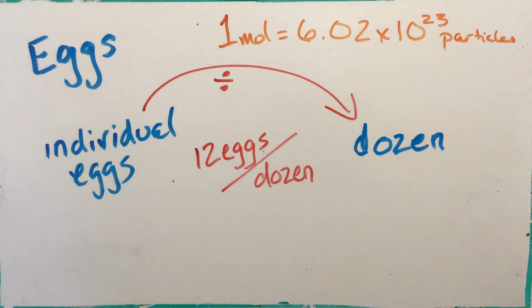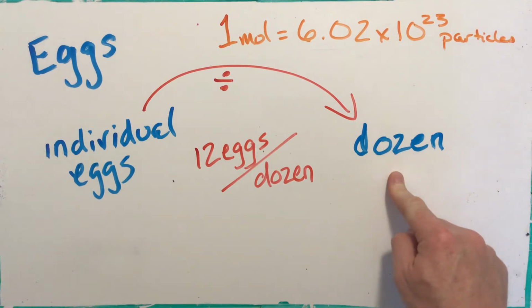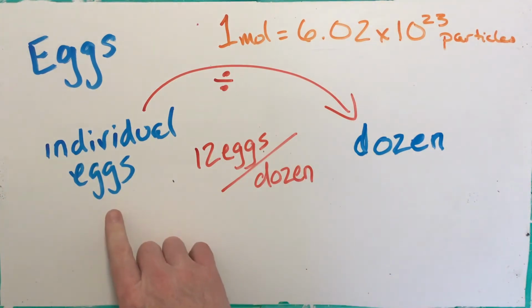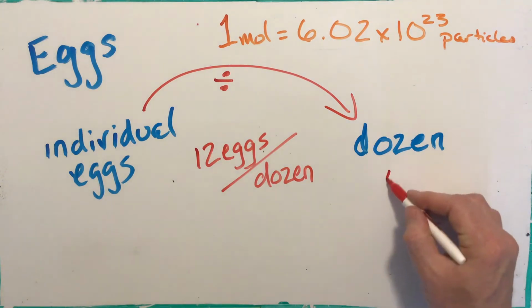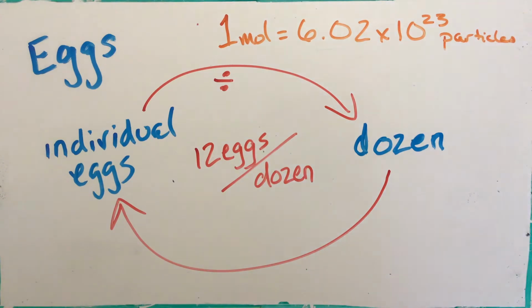Or I might come home one day and say, hey, I bought 3 dozen eggs. And the wife unit might say, oh, so there's 36 of them? I'd be like, well, how did you do that? She quickly turned them into individual eggs. Again, she knows that there's 12 eggs in a dozen.